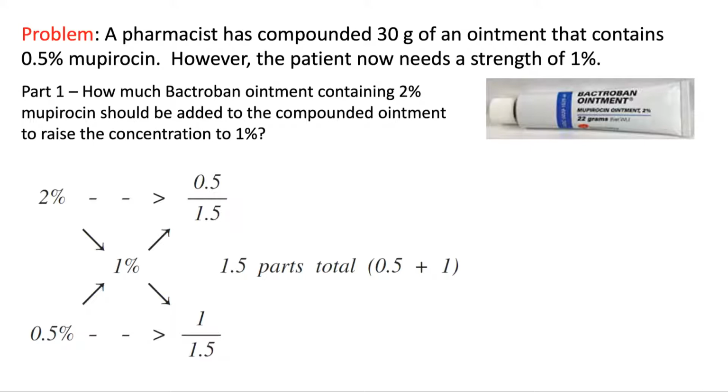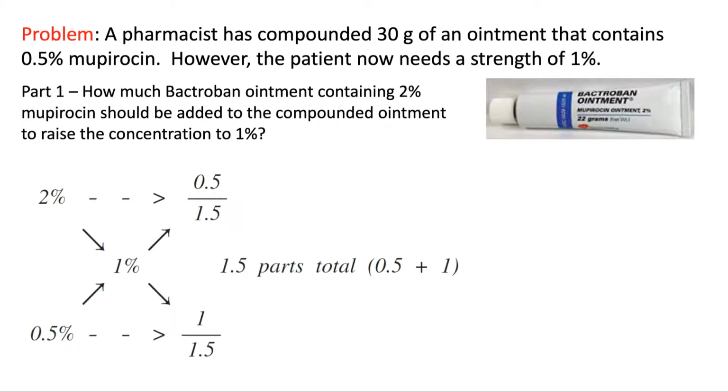So now that I've set up my ratios, where do I go from here? This can be kind of tricky, but let's look at what it says in the question. It says that I already have 30 grams of the 0.5%. So I know how much weight of the 0.5% mupirocin I have to start with.